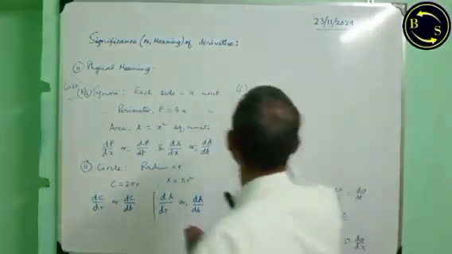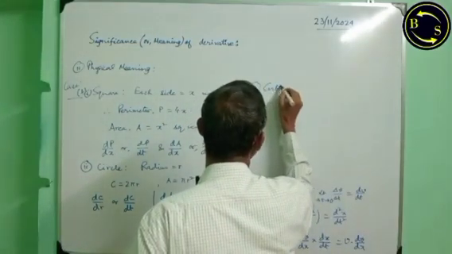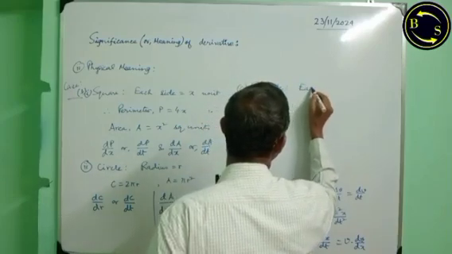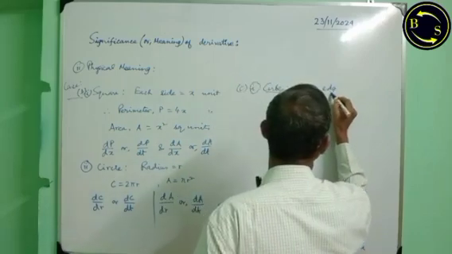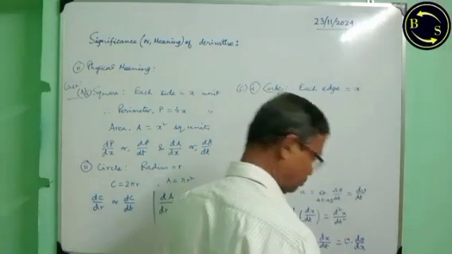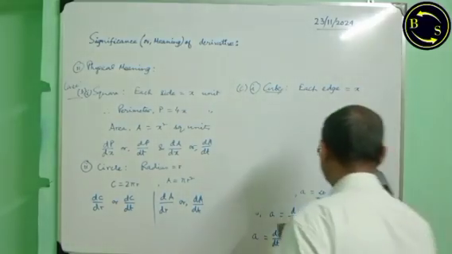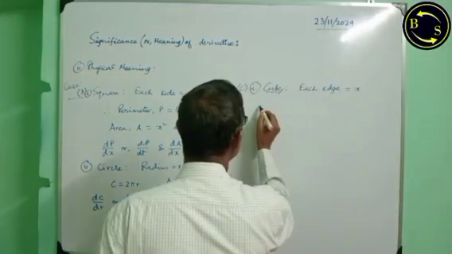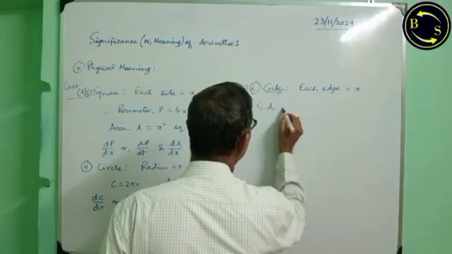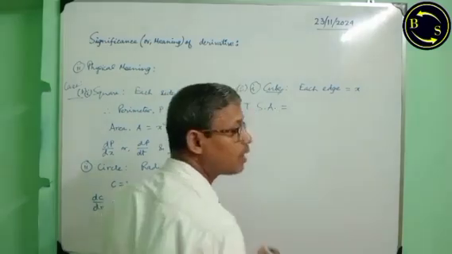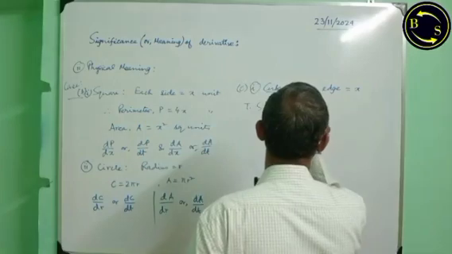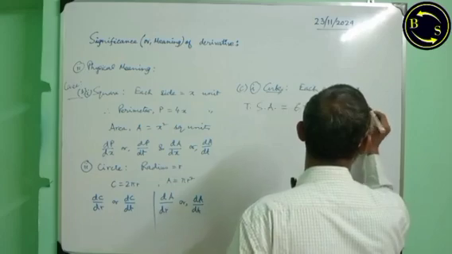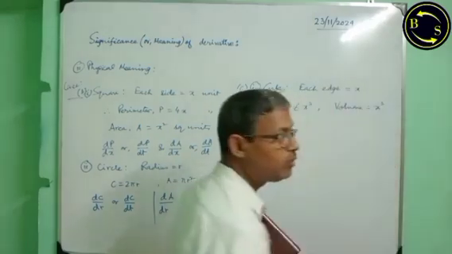In case of, say, a cube, each edge say x, then the total surface area, TSA, will be 6x square, and volume x cube, of course cubic units.